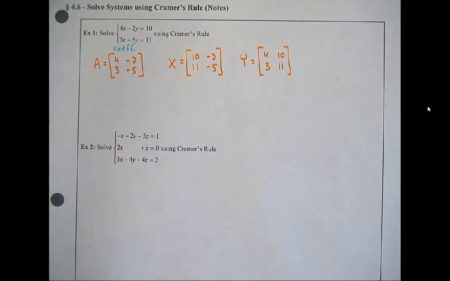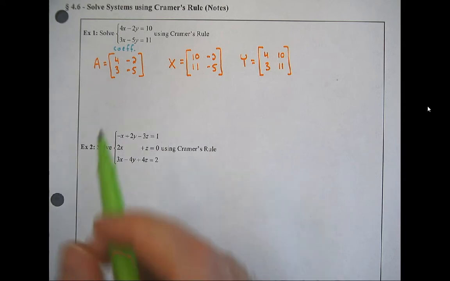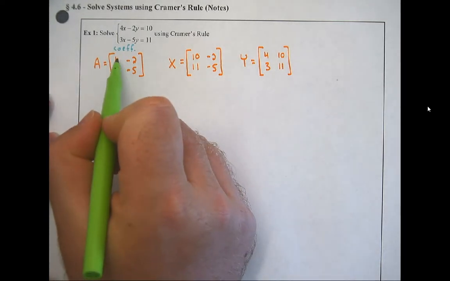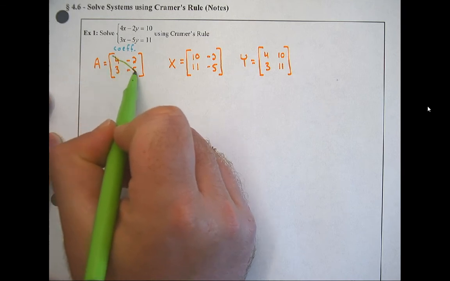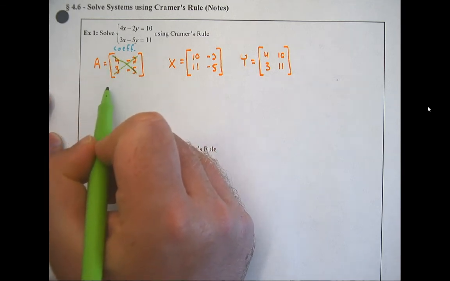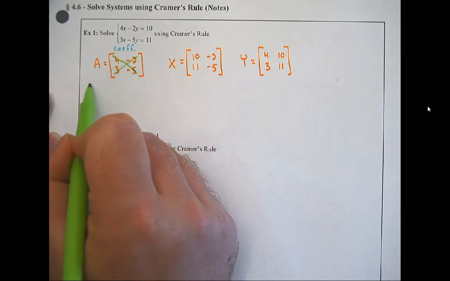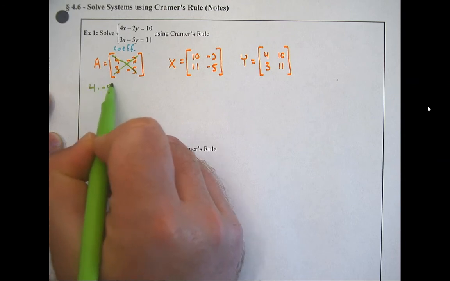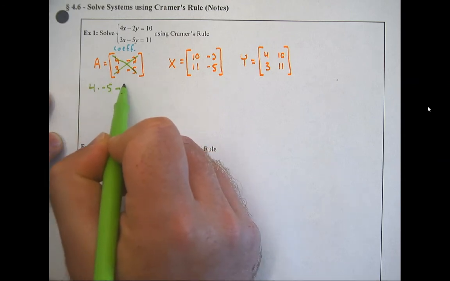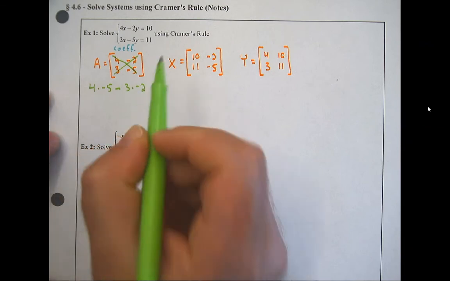Then he calculated this thing called the determinant. So the determinant is, well, I'll give you the quick version. The determinant is calculated by multiplying these two numbers together, then subtracting these two numbers multiplied together. So that would be 4 times -5, subtract 3 times -2.